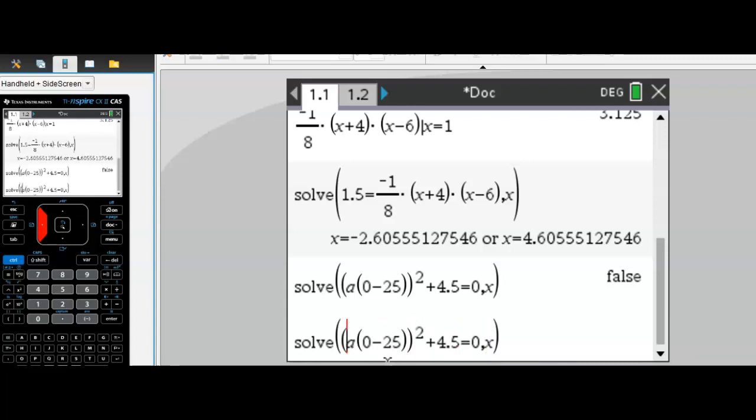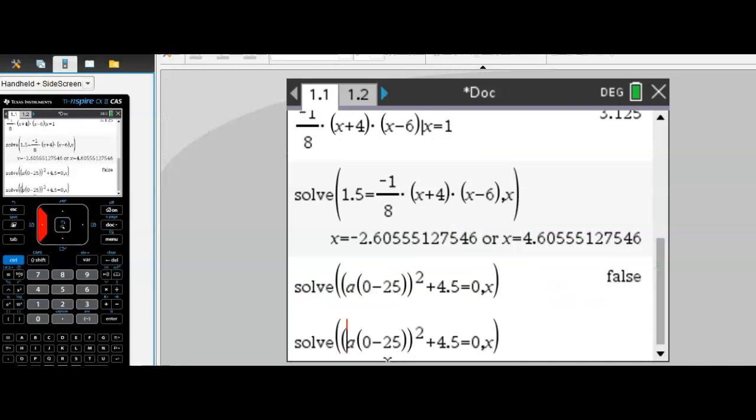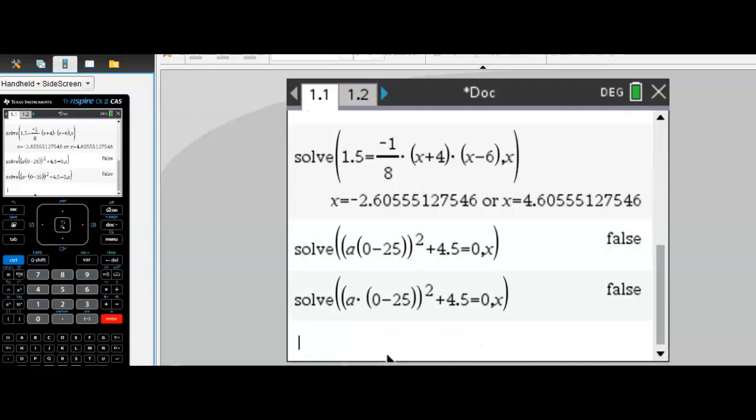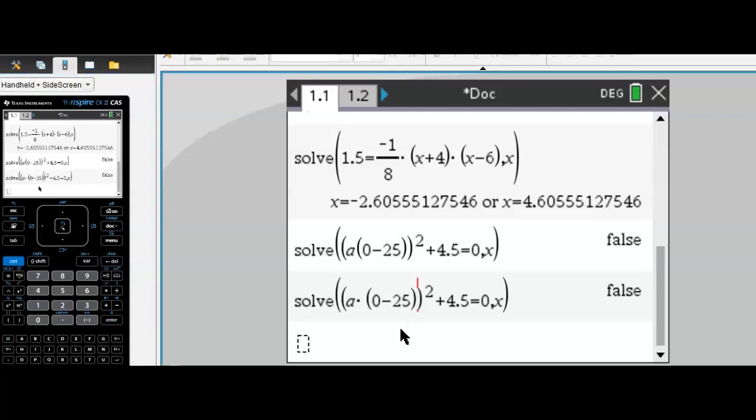Actually, can I just check my equation? All right, I don't think it likes that A next to that bracket. All right, I can see where I went wrong. I know I shouldn't get false. So let's highlight it.